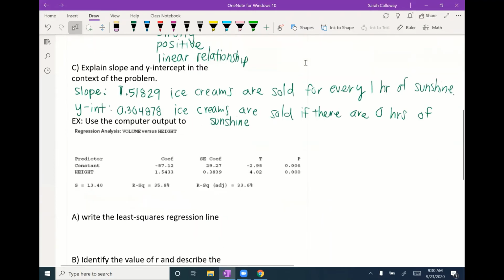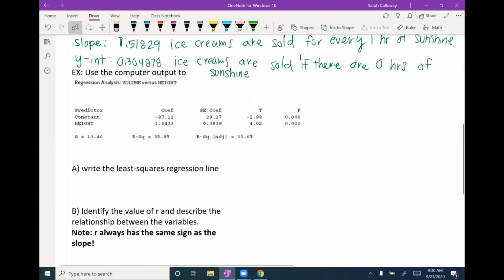Okay, the next thing that they talk about is using computer output. If I'm looking at computer output, I can write that least squares regression line as well. This regression analysis goes from volume versus height of some object. If I look at the output, remember that the constant is the y-intercept. So constant here is the y-intercept when I'm looking at these coefficient values, and the height is the slope.